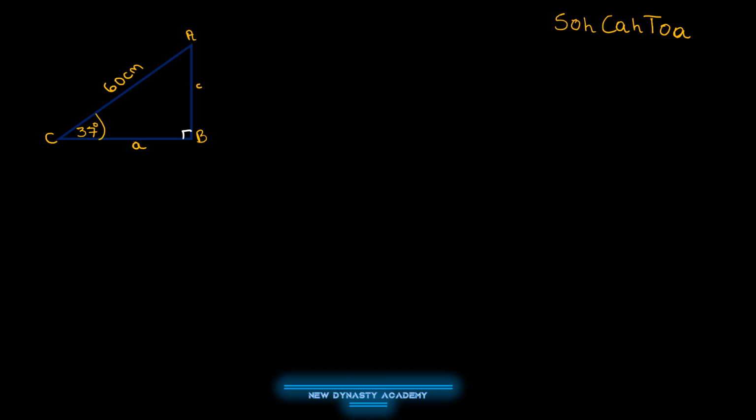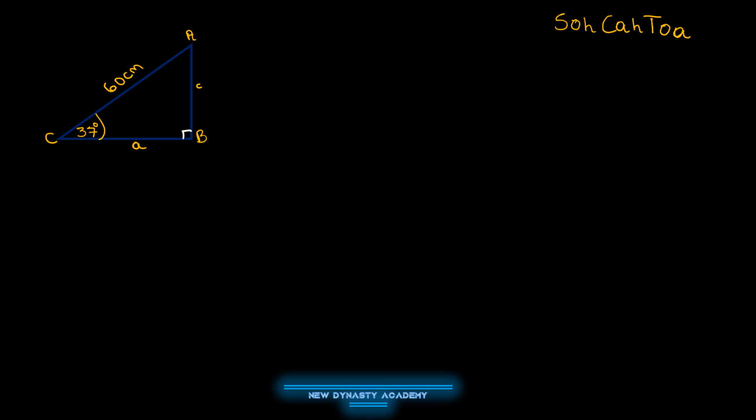And again, our side AB here is opposite to the angle 37 degrees. So that's how we're going to define those two sides. AB, which is C here, is the opposite side, and our A here is the adjacent side.